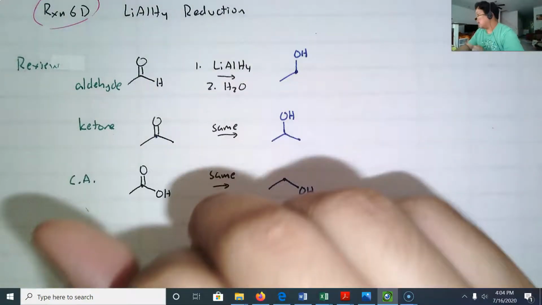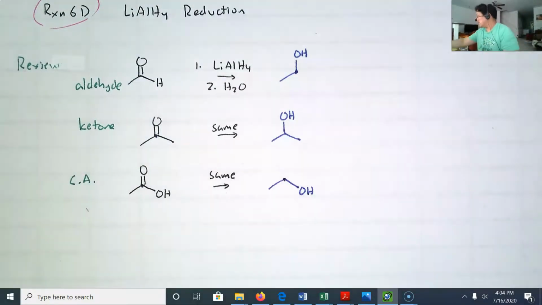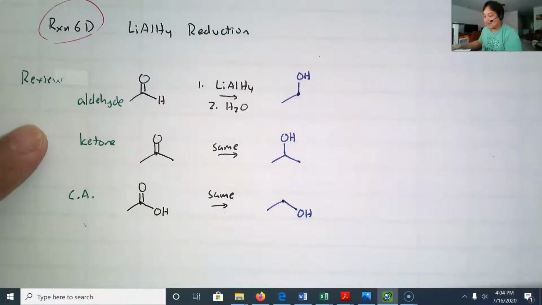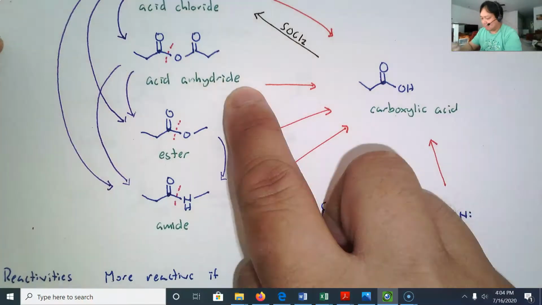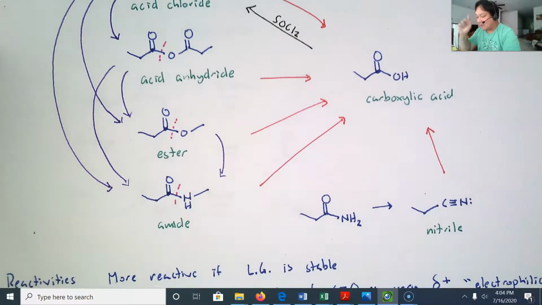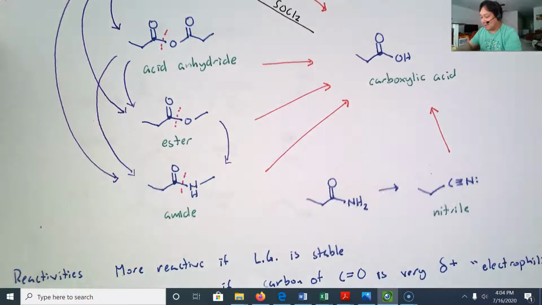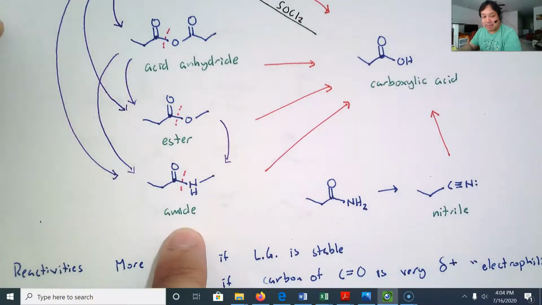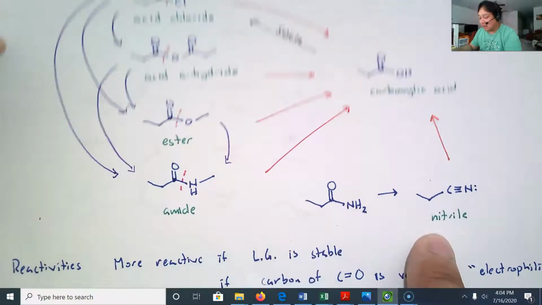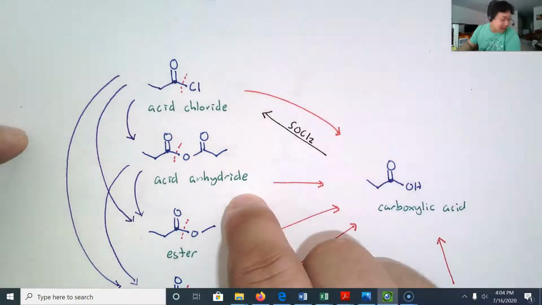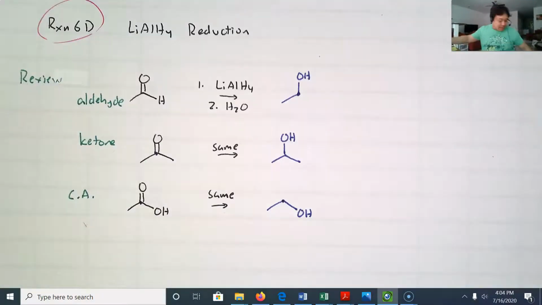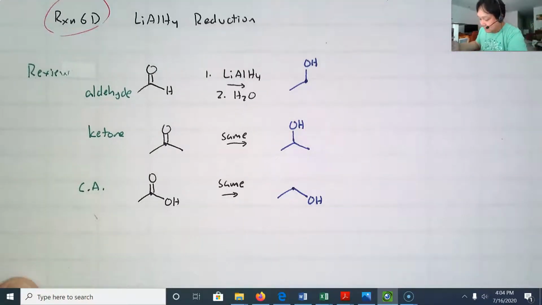We're going to reduce 3 derivatives with LiAlH4. The 3 derivatives are going to be the ester, the amide, and the nitrile. We're not going to reduce acid chlorides and acid anhydrides. Let's start out with the ester. Now this is new.